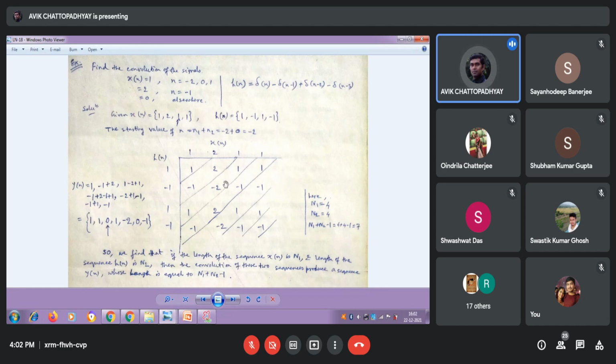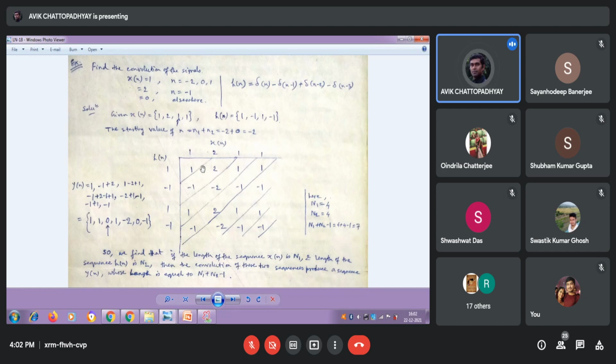But after doing that, we have to add, because this is only the multiplication part. The addition part is still there. The addition will be diagonal. For that, these lines are drawn so that you can understand how we are supposed to add. So this is the first element. There is no other element, so obviously the first value will be 1.